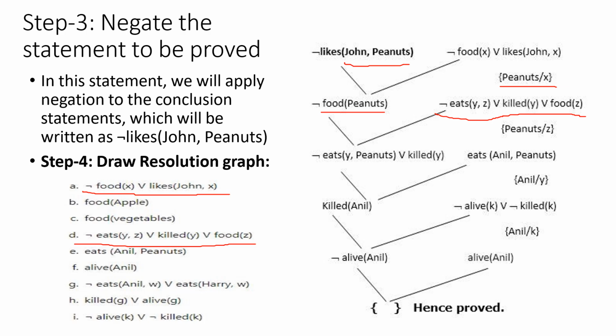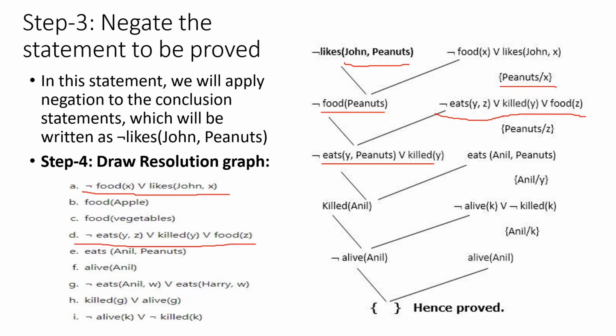If you substitute z as peanut, then the remaining part is not eats(y, peanut) or killed(y). So food(peanut) and not food(peanut) are complementary clauses. Then we will check whether killed or not killed is available. So here you can see, if anything matches with eats(y, peanut) in any of the clauses.